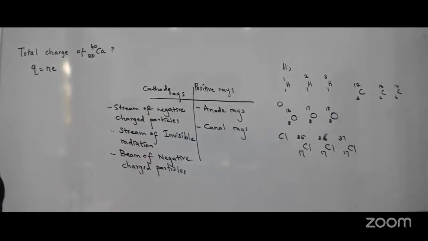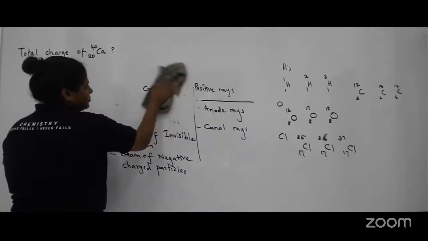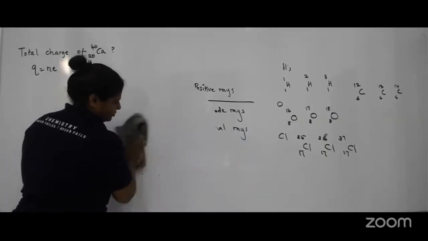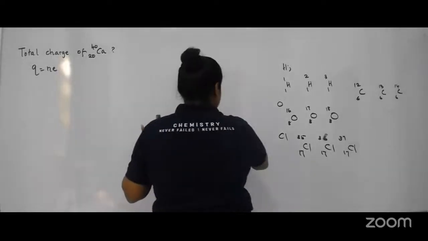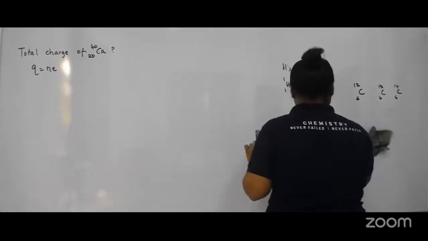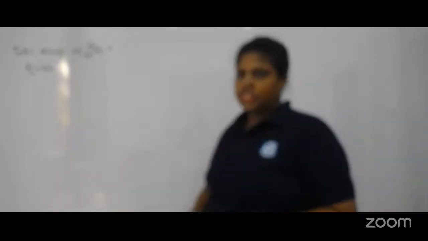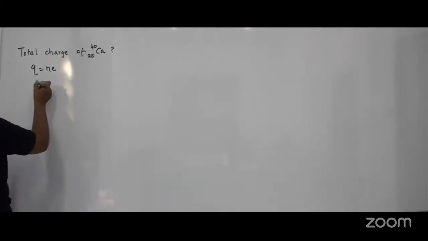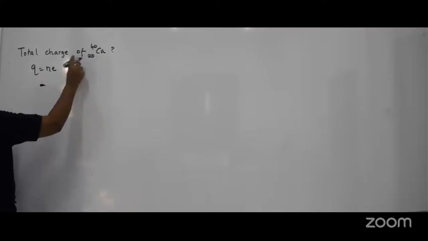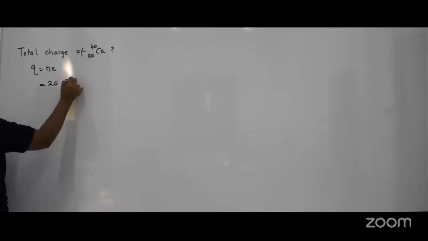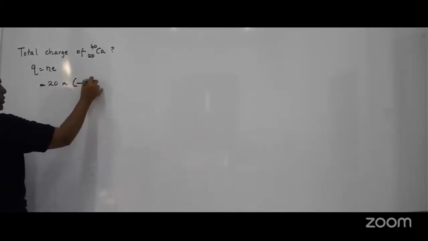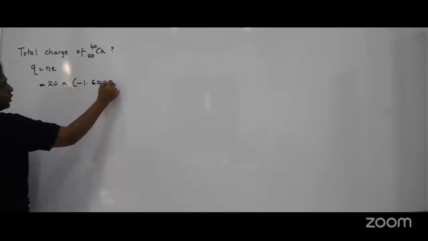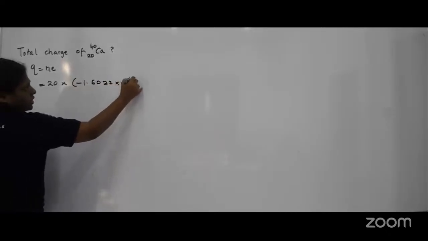What's the answer to that? So the total number of electrons here is 20, into minus 1.60 × 10 to the power minus 19 coulombs.